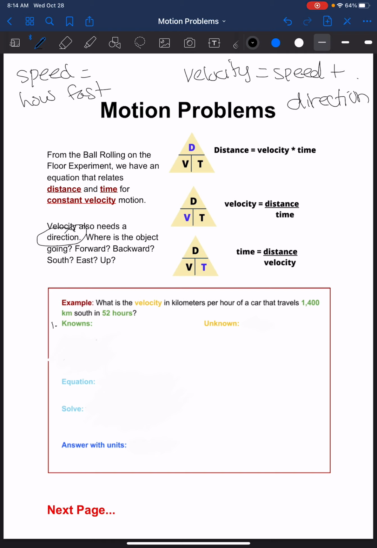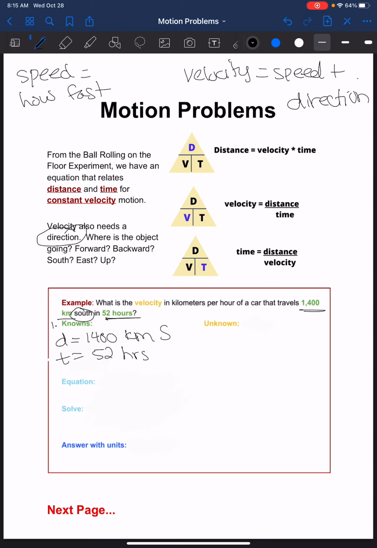What we know is the car is traveling 1400 kilometers south, which is a direction, and then 52 hours. So I would put under my knowns distance. So the distance we're traveling is 1400 kilometers, more specifically south, because that gives me a direction. And then time is 52 hours.